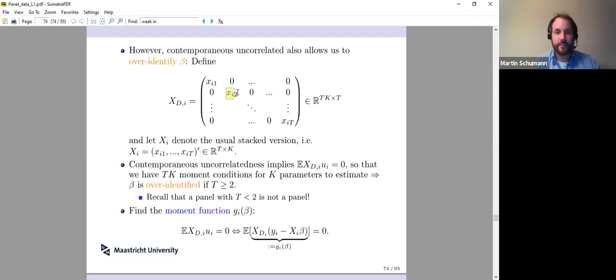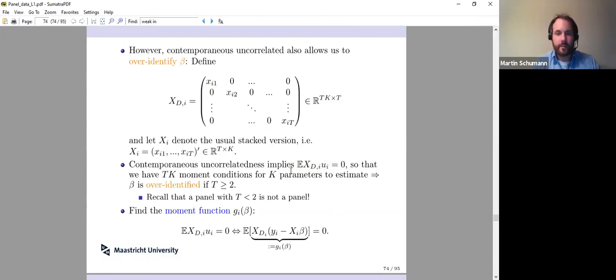So this is uncorrelated with u_i2, this is uncorrelated with u_i1, this is uncorrelated with u_iT. So let's define this thing. And we can write contemporaneous uncorrelatedness in this matrix form.